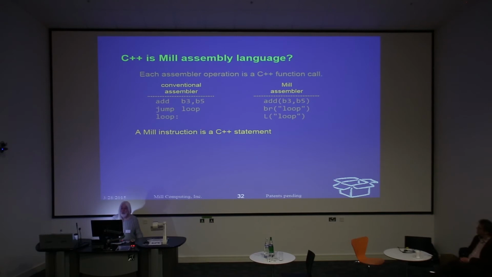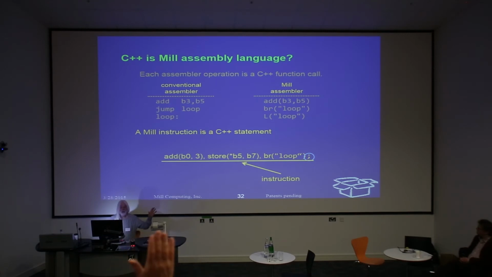A mill instruction, remember we have multiple operations, is a C++ statement. The whole thing, including all the commas. How many people are aware that the comma operator is an overloadable operator in C++? More C++ expertise than I might have expected. Many people are just totally boggled by the concept.